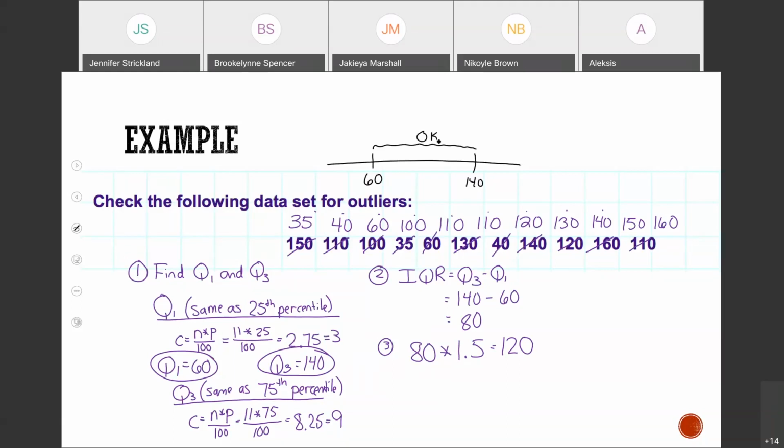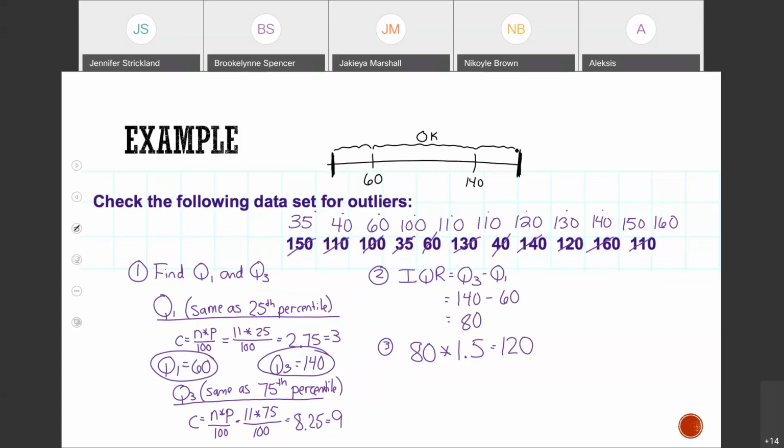And then I want to take that range from 60 to 140 and make it a little bit bigger. So I want to come to the left a little bit, and come to the right a little bit, and extend my okay range just a little bit on either side.